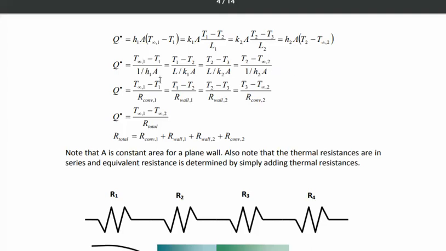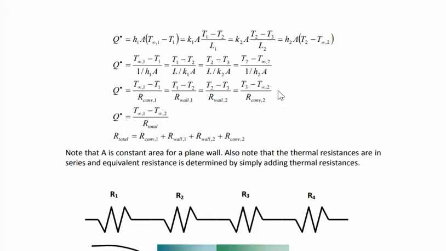In total heat, that will be (T infinity 1 minus T1) by 1 by h1 into area, equal to (T1 minus T2) by L1 by k1 area, equal to (T2 minus T3) by L2 by k2 into A, and equal to (T3 minus T infinity 2) by 1 by h2 into area.